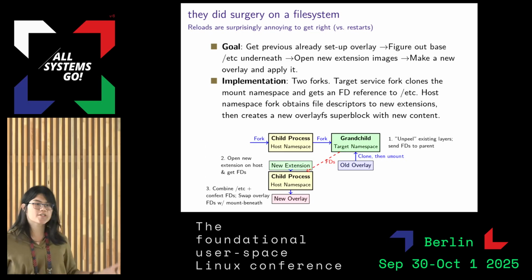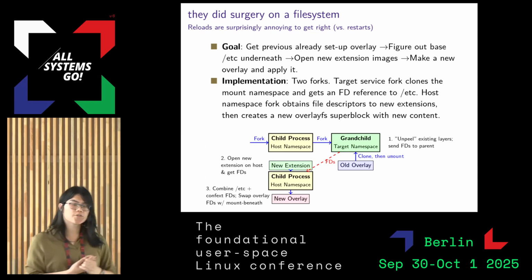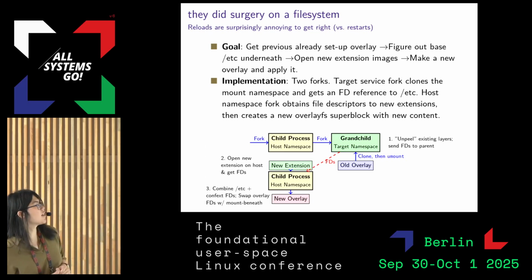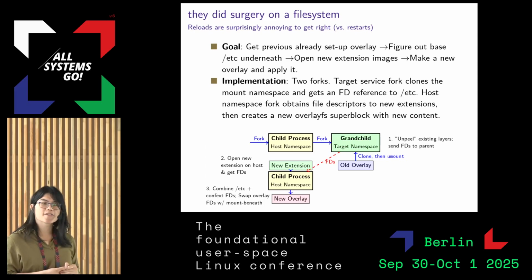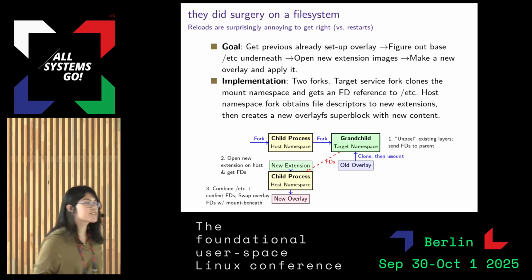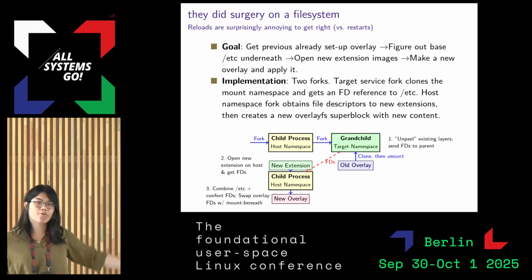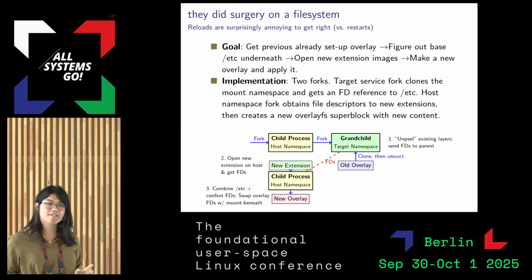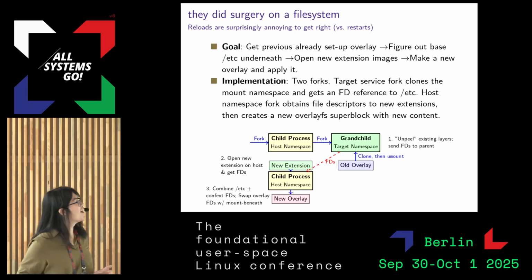And then in the end, you construct a new overlay and you do a mount beneath, and that will allow you to swap out the overlay without the service feeling it. And then at that point, you send the SIGHUP to tell it that it needs reloading. All right, that was a lot.